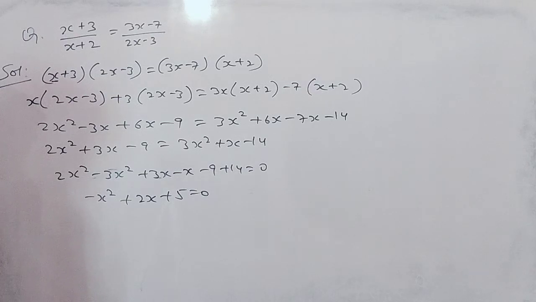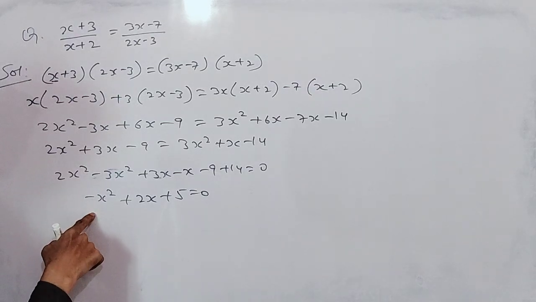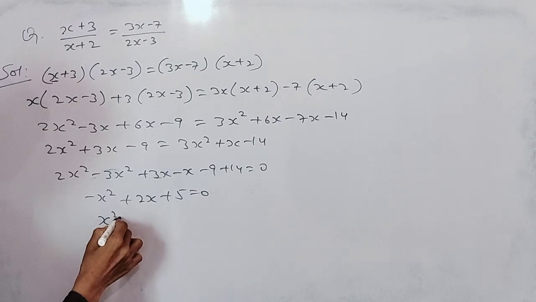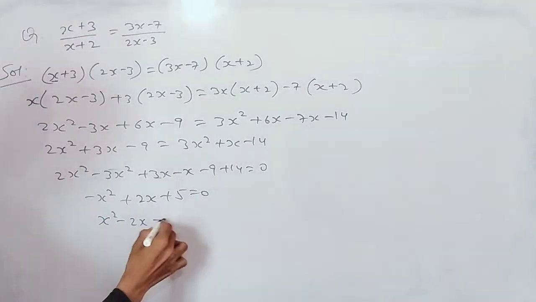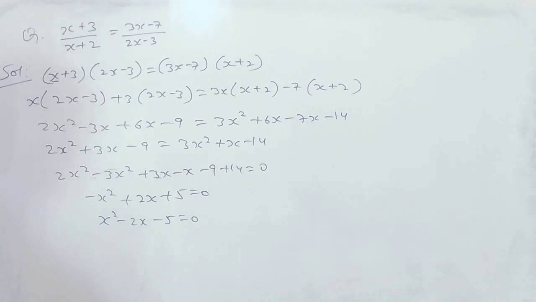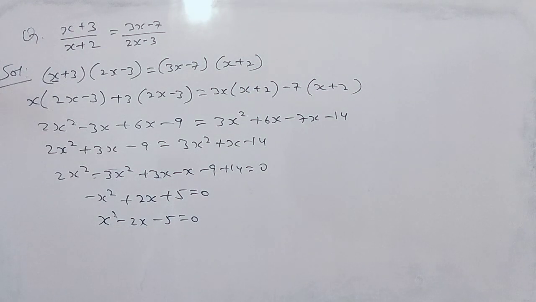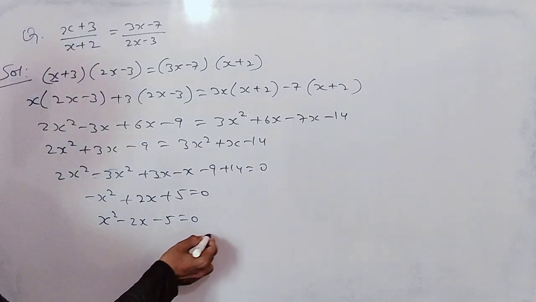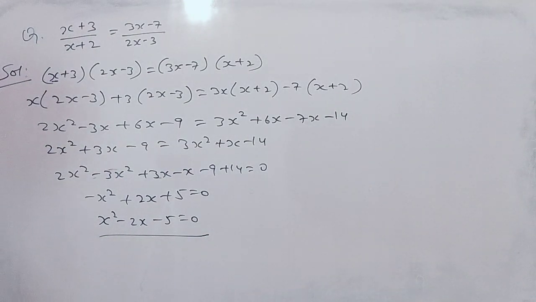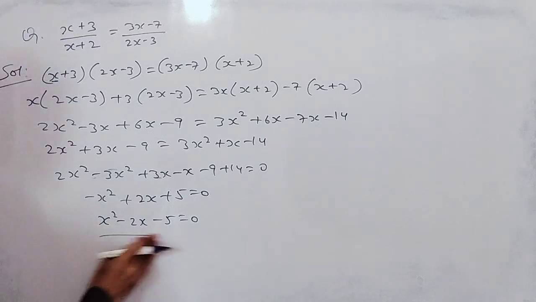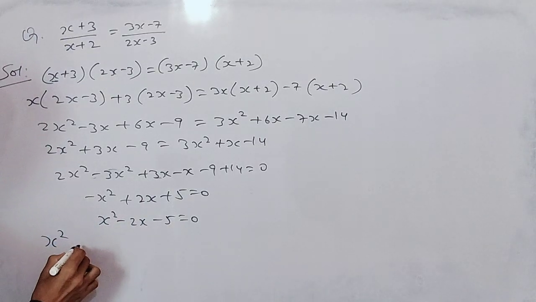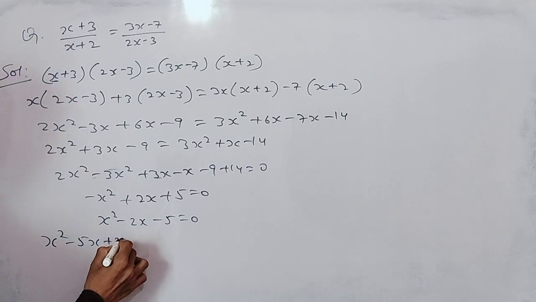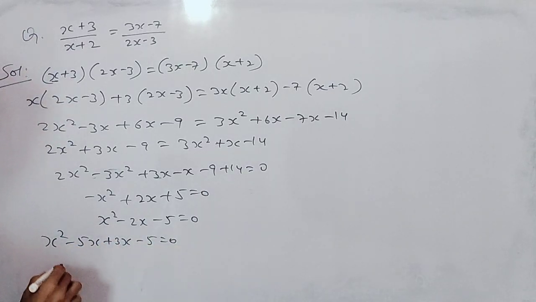Now what else? Can we write this like that? Yes, of course. Now we got a quadratic equation. From here we can use the splitting method. As you know, x square minus 5x plus 3x minus 5 is equal to 0.